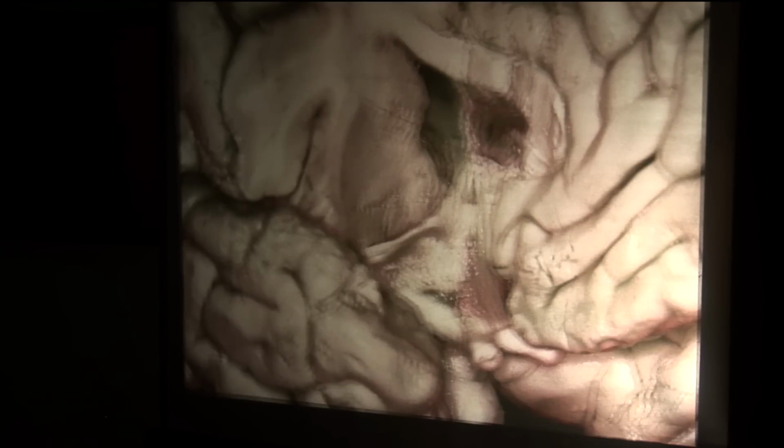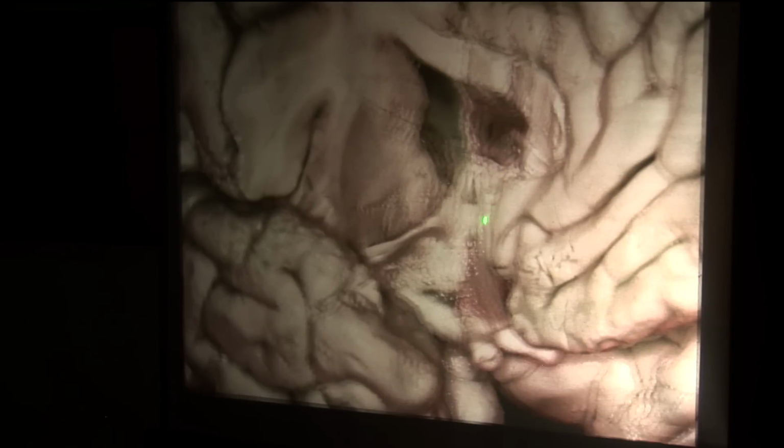And posterior to the cingulate pole, you have three small gyri. I'm sorry, the most anterior one is the paraterminal, then you have anterior parolfactory and posterior parolfactory.